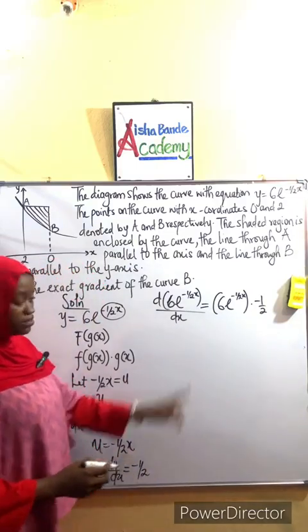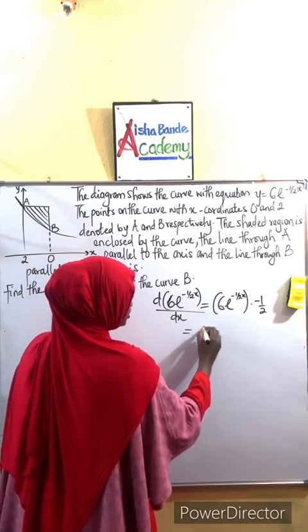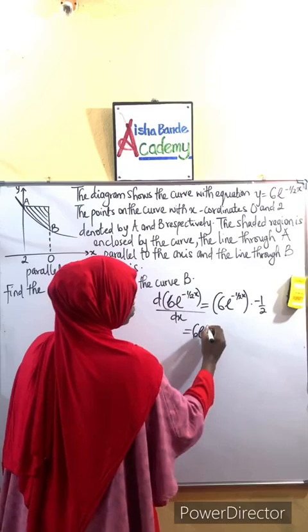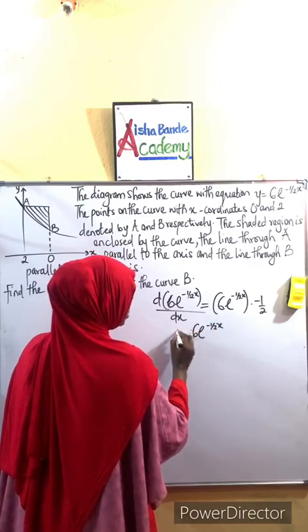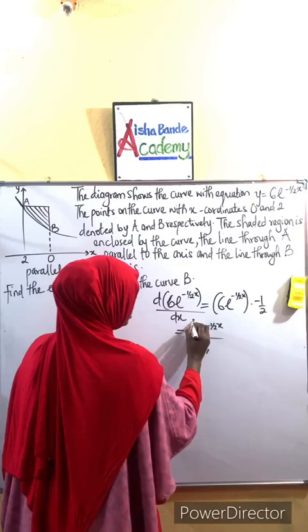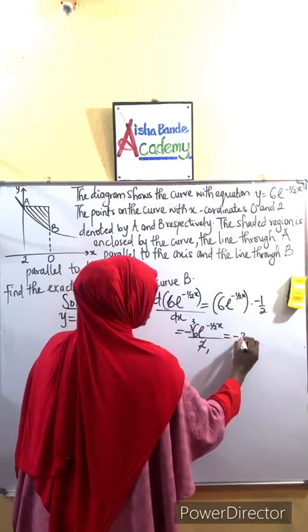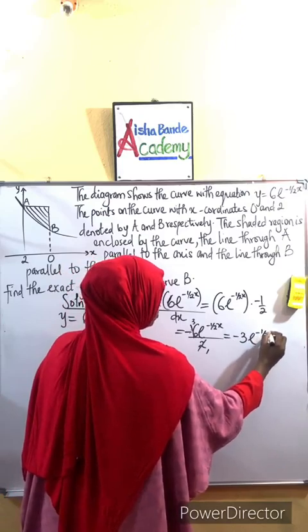Simplifying this now, we have 6e raised to the power of minus 1 over 2x, and we have a minus here, then all over 2. So 6 over 2 is 3. So we have minus 3e raised to the power of minus 1 over 2x.